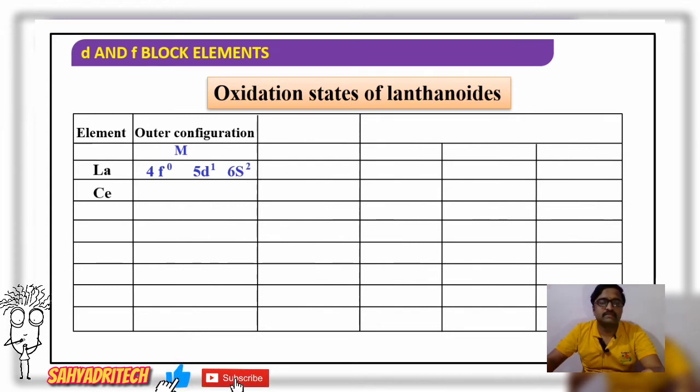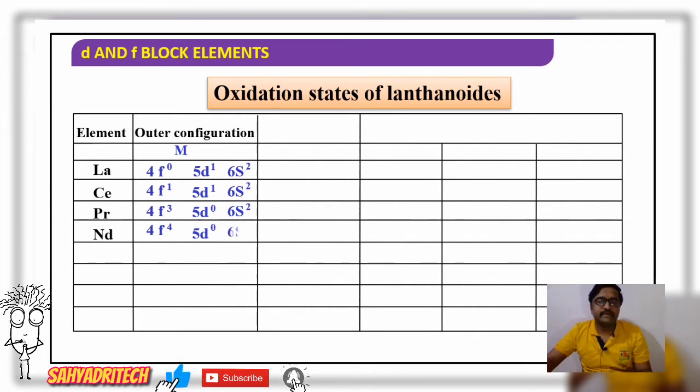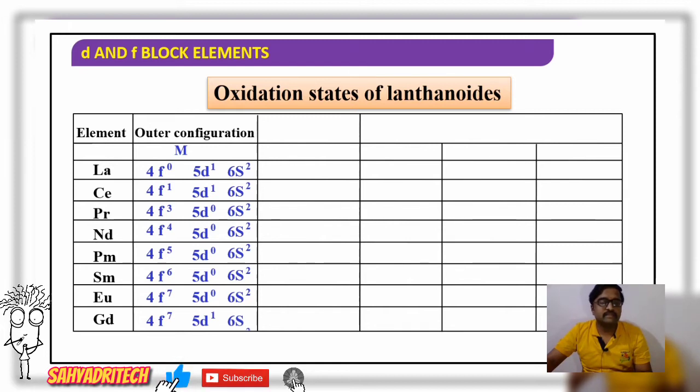Next cerium 4f1 5d1 6s2, praseodymium 4f3 5d0 6s2, neodymium Nd 4f4 5d0 6s2, promethium 4f5 5d0 6s2, then samarium Sm 4f6 5d0 6s2, then europium Eu 4f7 5d0 6s2, then gadolinium 4f7 5d1 6s2.